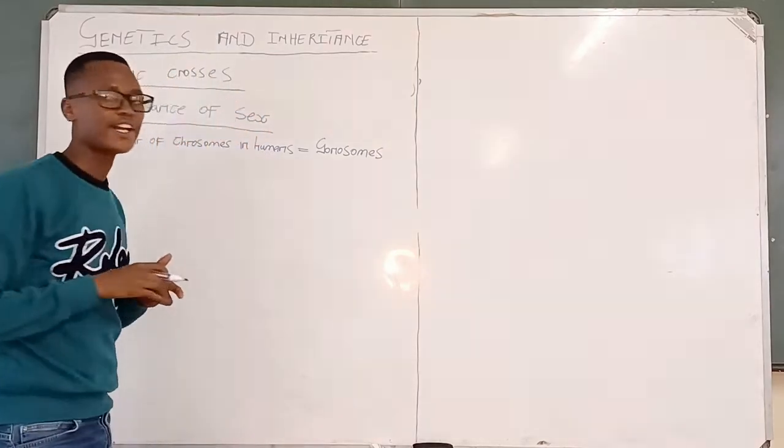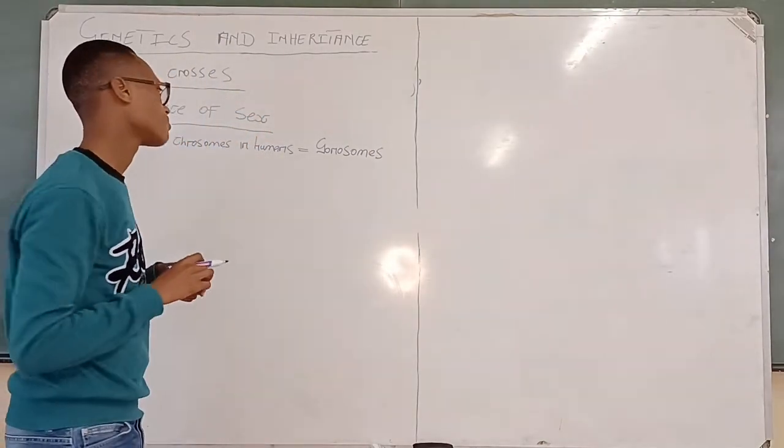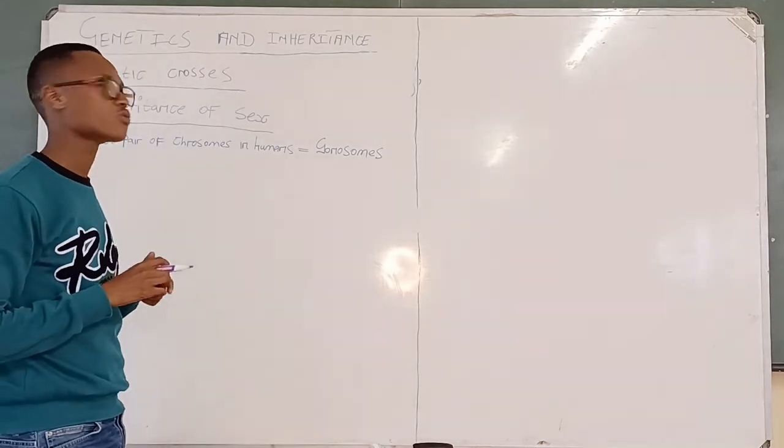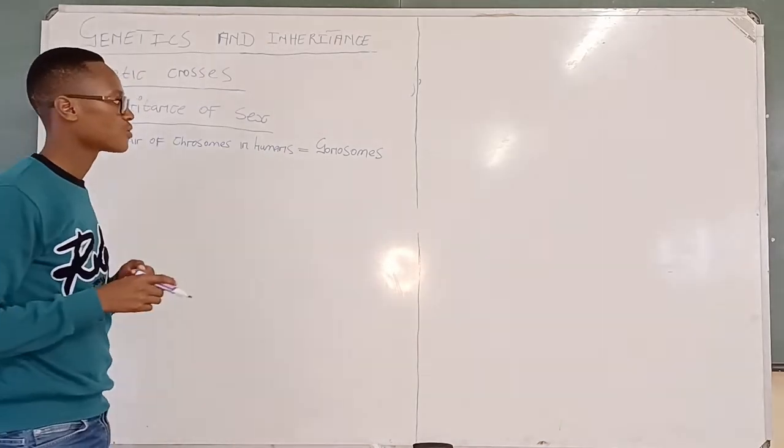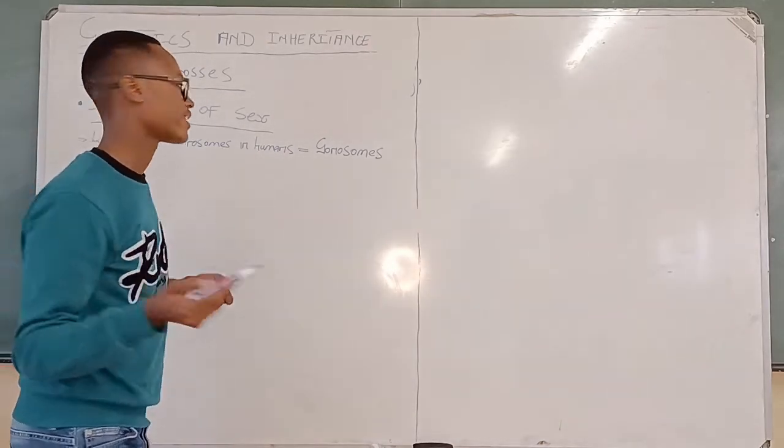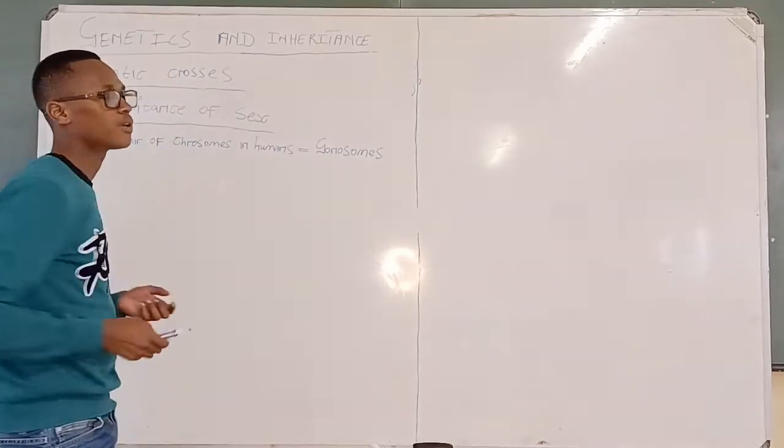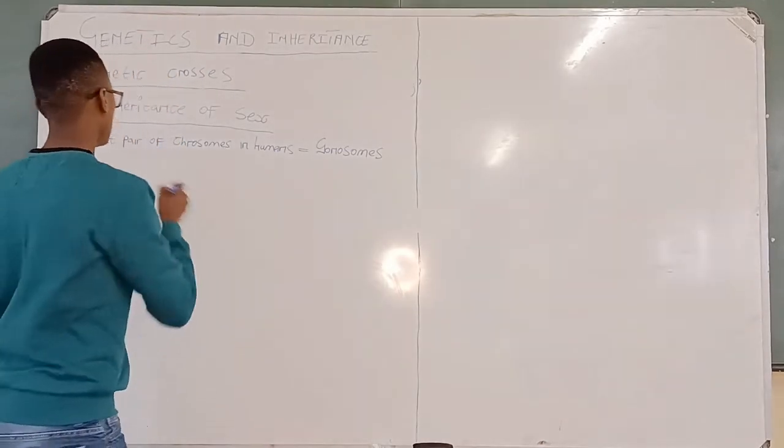And the other pairs of chromosomes, we call them the autosomes. All the chromosomes besides the sex chromosomes, we call them the autosomes.